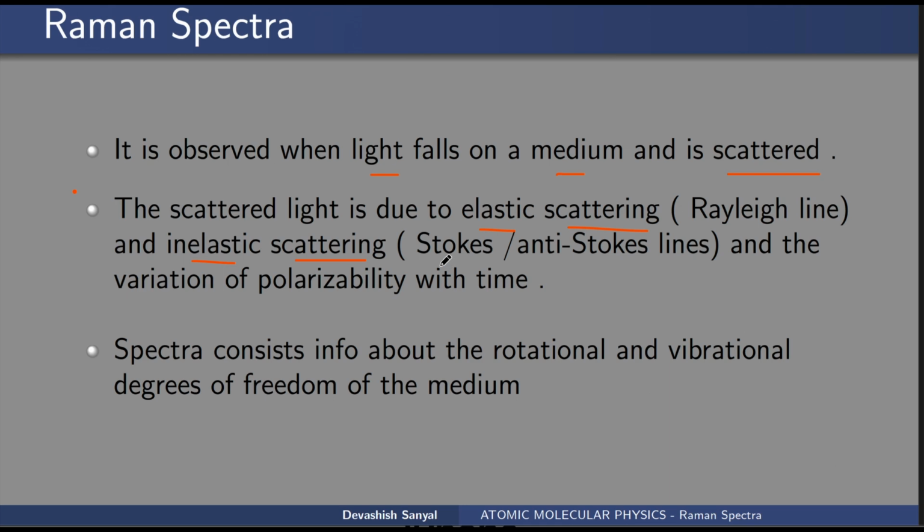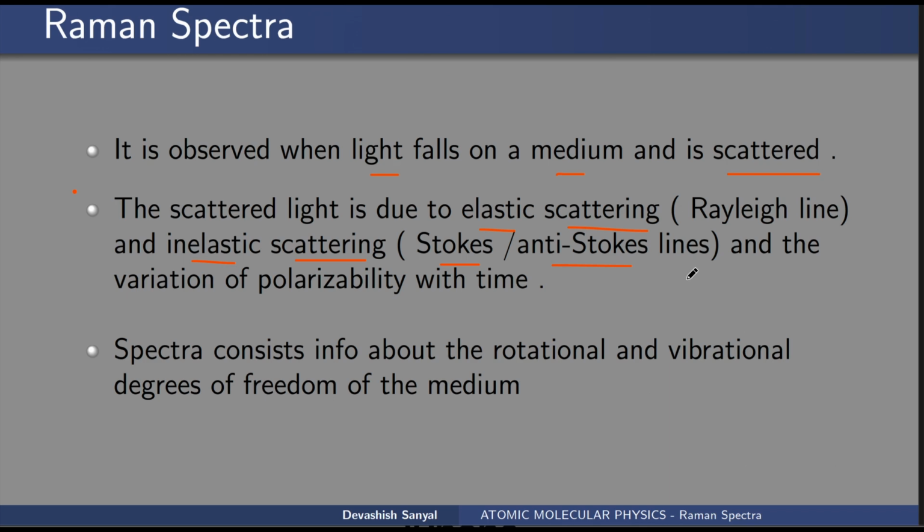One is the Stokes and one is the anti-Stokes. Stokes will have a frequency less than the frequency of the light that excites the medium, and anti-Stokes will have a frequency of the photon which is greater than the frequency that excites the medium.